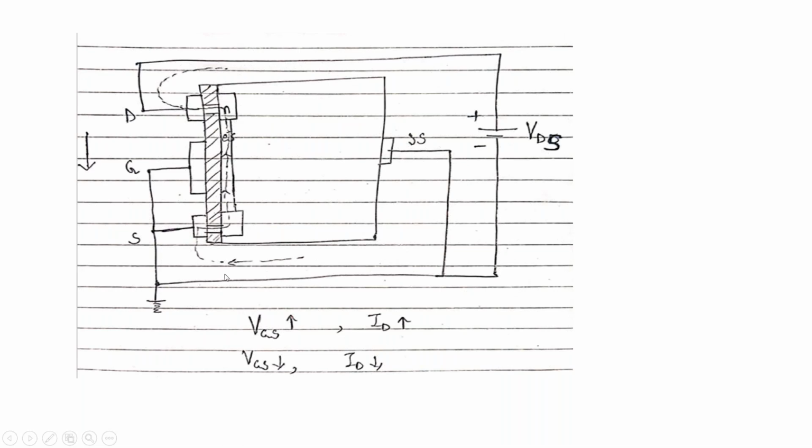So the current ID will decrease. So when we apply positive gate to source voltage, ID will increase, and when we apply negative gate to source voltage, ID will decrease.